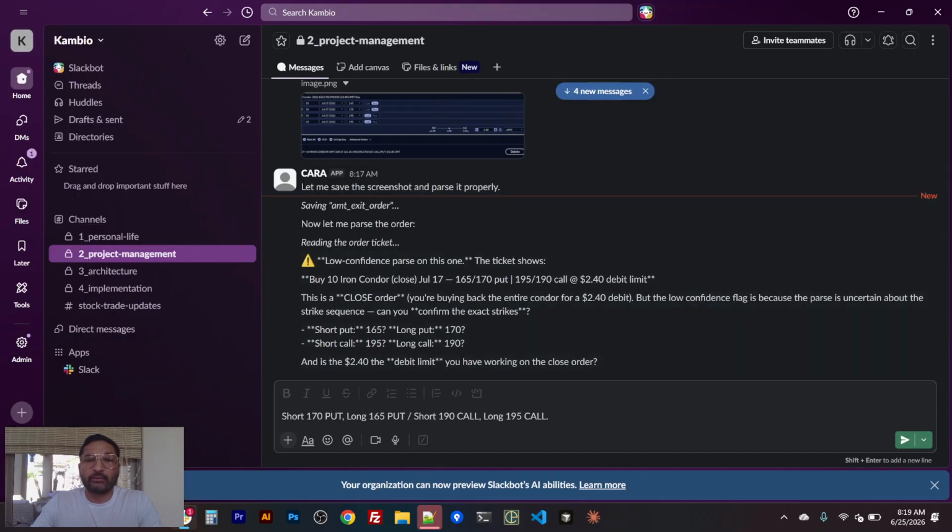Oh, I see. No, she's right because we're reversing. Long, yeah. Oh, I see what's going on. So I'm thinking the original trade, but this is actually the reversal. Yeah, so she actually was right.